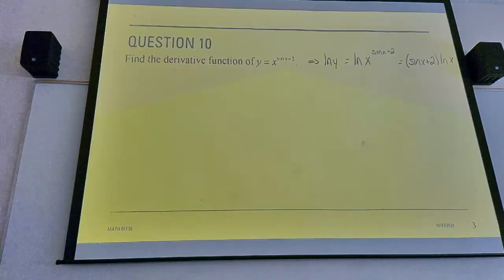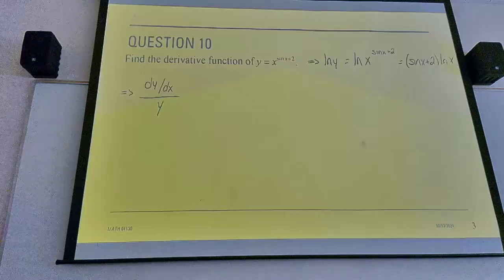So again, take the natural log of both sides. So dy dx over y equals that right-hand side. Product, isn't it?